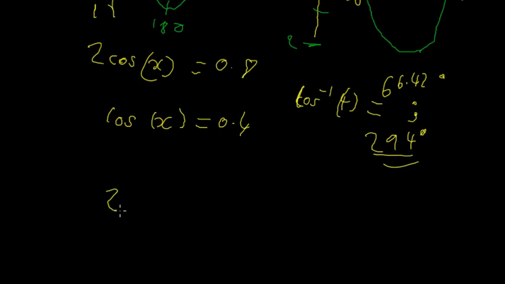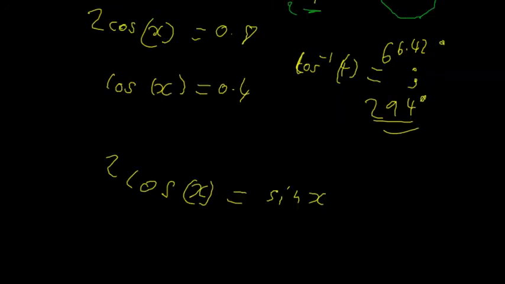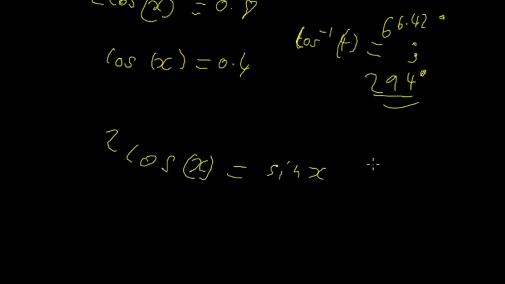So the original question was 2 cos x equals sin x. And you'll say to me, magic, trigonometric identities. And you say to yourself, SOH CAH TOA. Let's think about it.